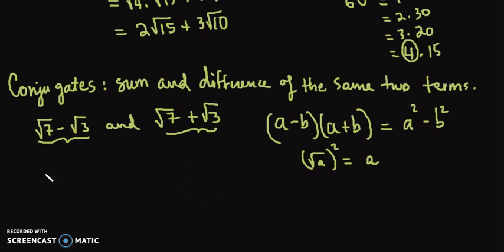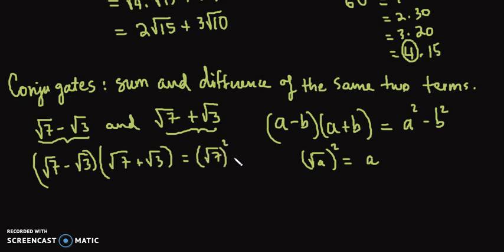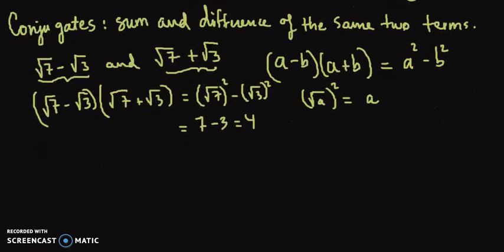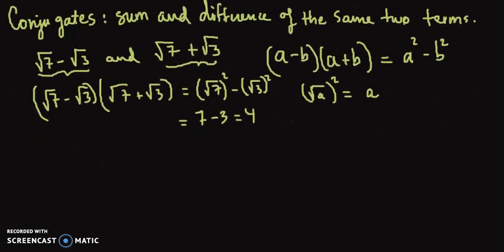So for example, if I multiply square root of 7 minus square root of 3 with its conjugate, square root of 7 plus square root of 3, I would have square root of 7 squared minus square root of 3 squared, which is 7 minus 3, equal to 4.